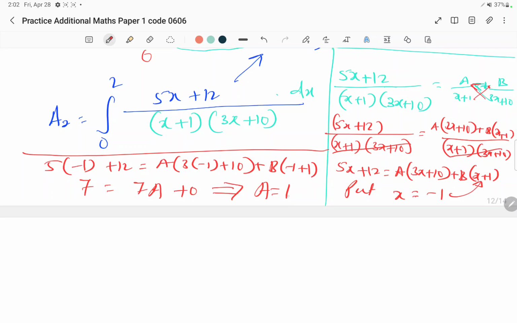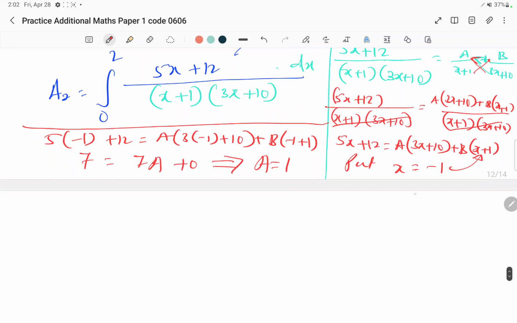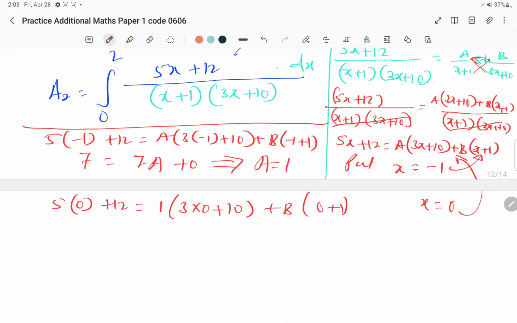So I got A equals 1. No problem. Now put x equals 0 everywhere. So 5 times 0 plus 12 equals A, already 1, times 3 times 0 plus 10, plus B times 0 plus 1. So this is 12, and 3 times 0 is 0, 0 plus 10 is 10, and this is B. So I got B is 12 minus 10, which is 2.